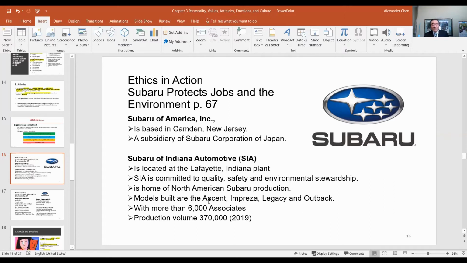So this company, very briefly, produced about 370,000 cars in 2019. That's a lot of cars. They have about 6,000 employees. They have 4 different models, but I think most people have heard about Legacy and Outback.